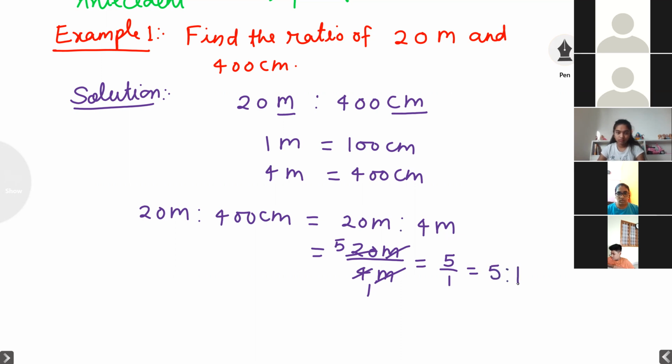That's why we said ratio doesn't have units: in numerator and denominator we have cancelled the units, so there is no unit of ratio. Note down, everyone.